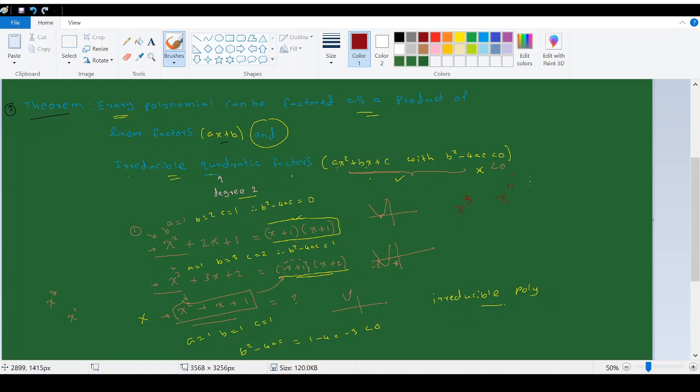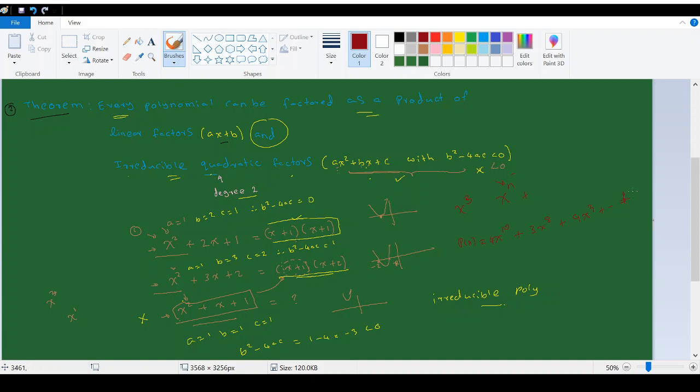The theorem says no matter what degree it has, that polynomial can be written as, let's say if I have a polynomial like this, x to the power 10 plus, and it can also have some coefficients, something like this, right?